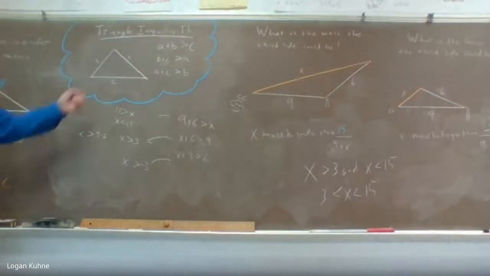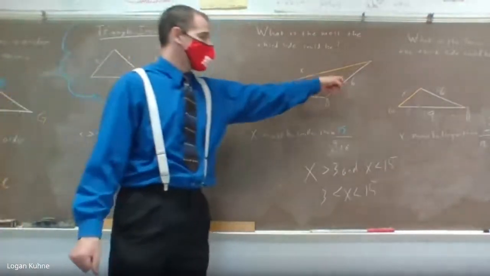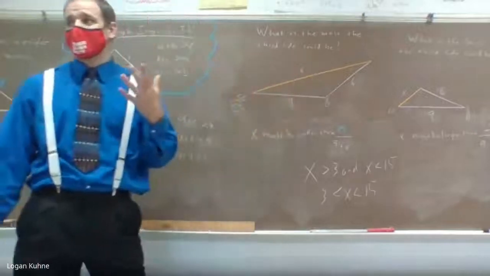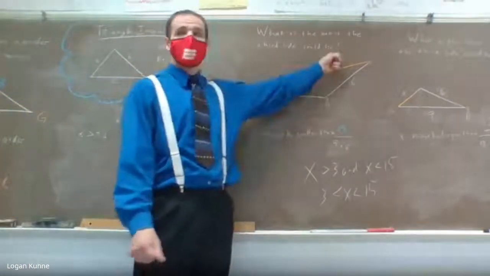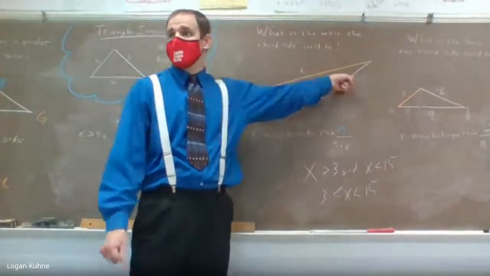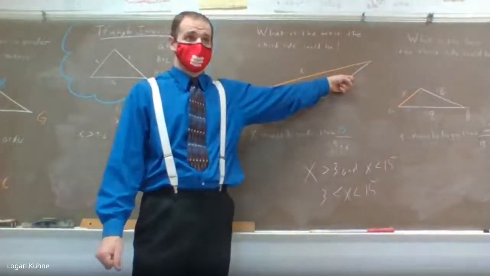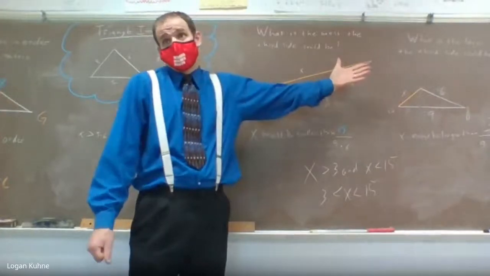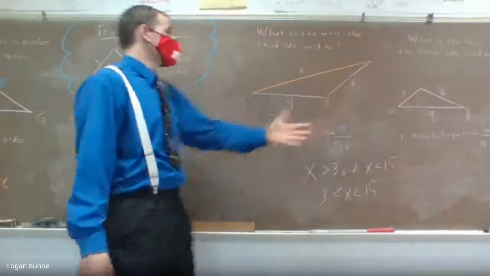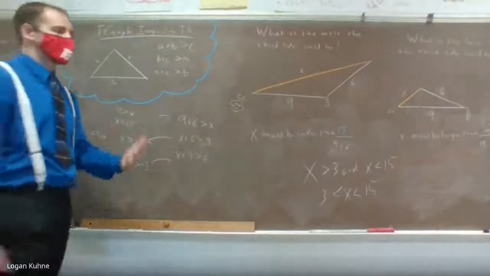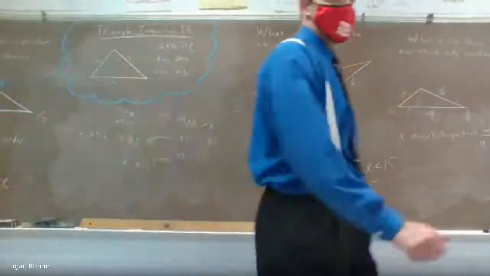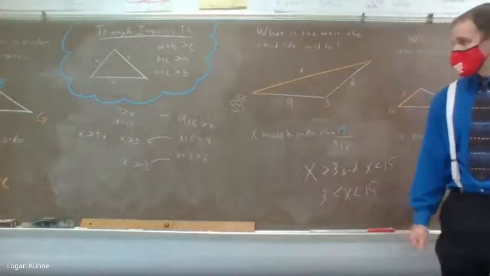So you can think of this as, hey, two sides added together have to be more than the third side. I like to think of this as the shortcut theorem. The shortcut's always got to be less than the other two added together. Sure, we could call it the triangle inequality theorem and sound stuffy and elitist, or we could just call it the shortcut theorem, Mr. Kuhne. The shortcut theorem.